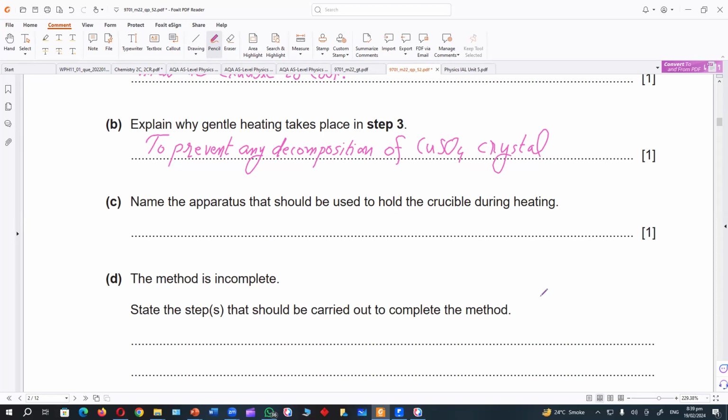Name the apparatus that should be used to hold the crucible during heating. I think it's the triangle. What you're saying is like a holding clip, that one?